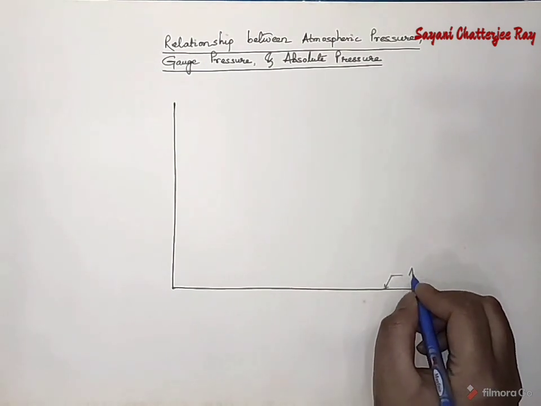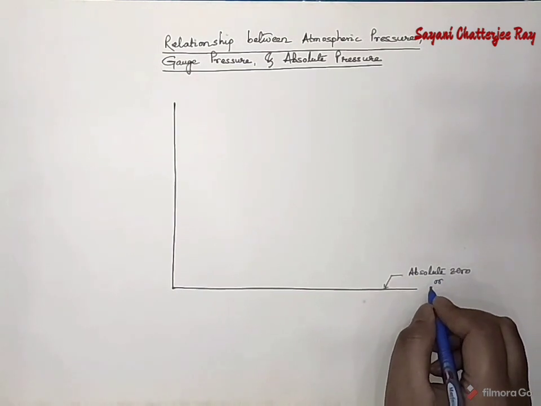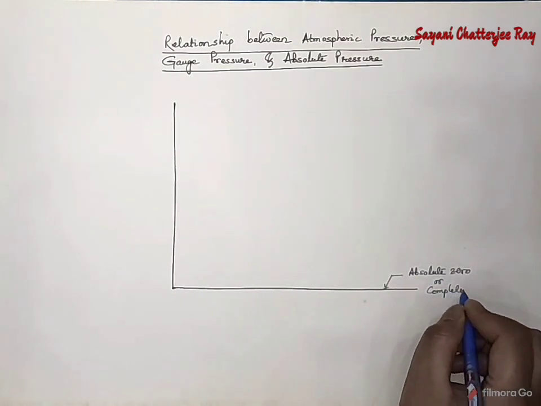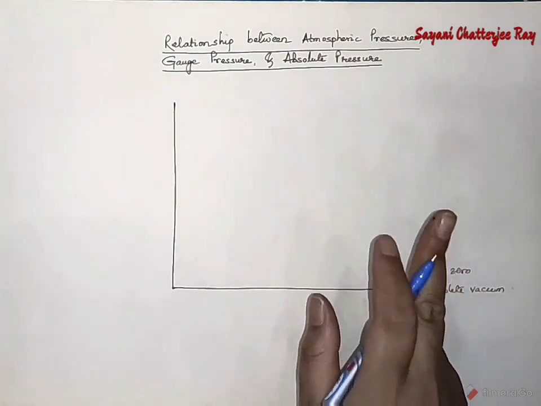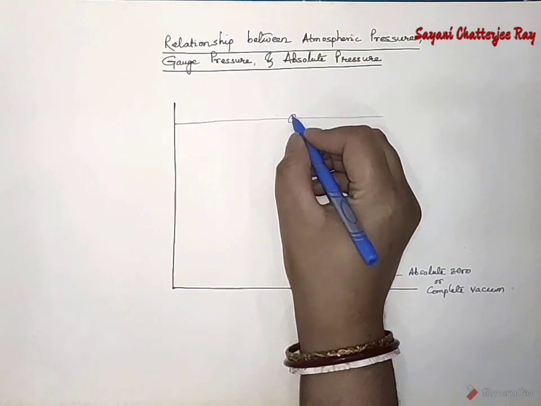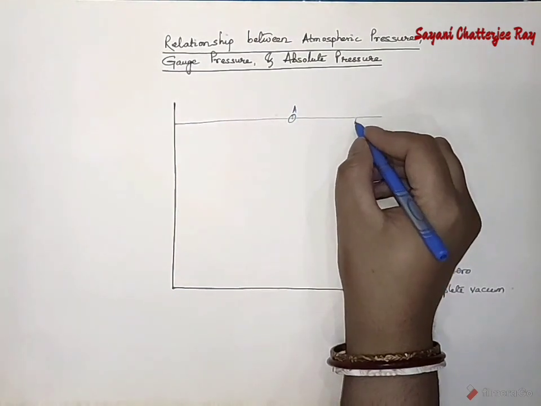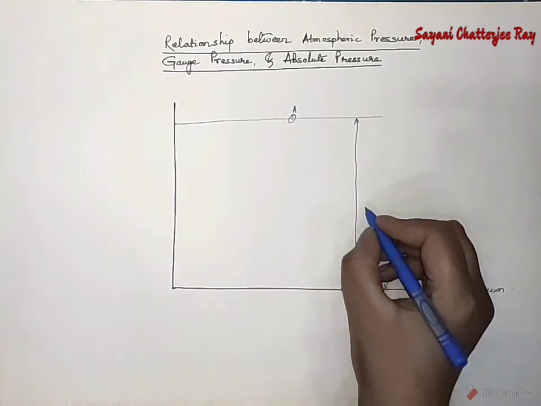This is the absolute zero, that is the complete vacuum. Now first of all I will show you the absolute pressure. So here I am marking a point A. This total is the absolute pressure.